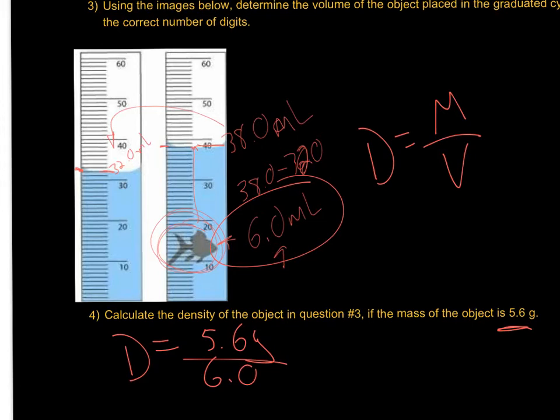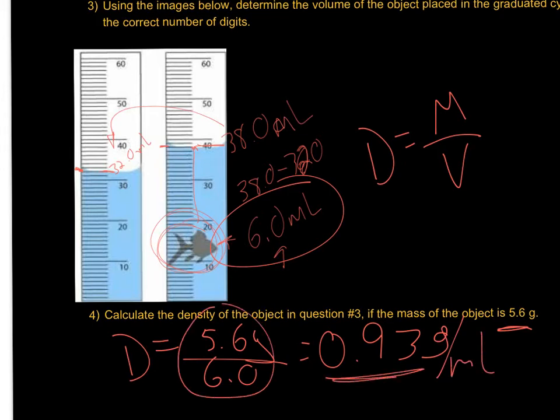And when we do that out, we get something equal to 0.93 grams per milliliter. And I want to keep it at 0.93 because both of those numbers have two significant figures, so I want my answer to have two significant figures. Anything else after that gets rounded off.